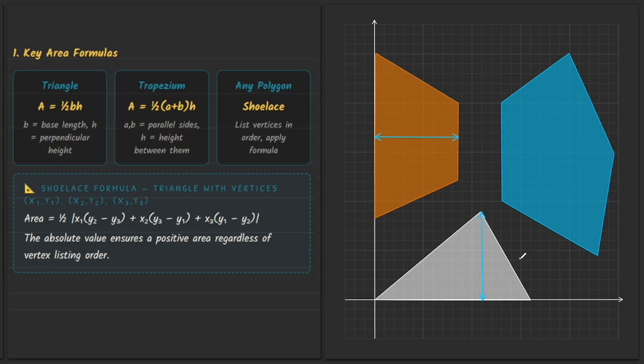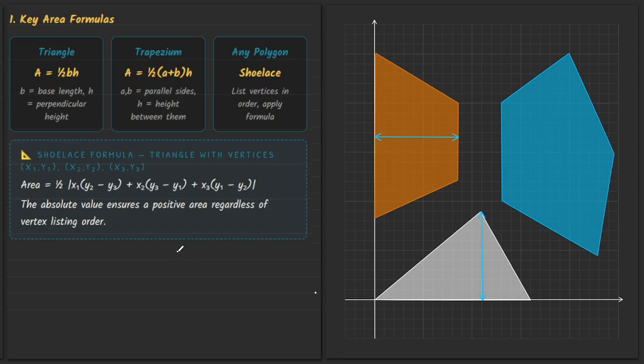The shoelace method actually works for all polygons, even including the triangle, the trapezium, all the quadrilaterals and other polygons. Now the formula is as illustrated here, and as I said, in our previous lesson we went through the proof. But let's take a triangle with vertices x1, y1, x2, y2, and x3, y3.